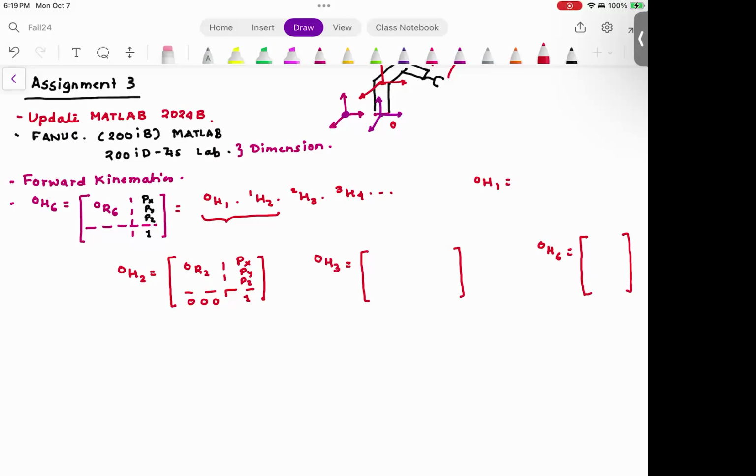The base is there, but the end effector is aligned differently. So the pad is giving the X and Z axes in the opposite way. Yeah, you can go forward. You can do forward kinematics step by step, and you will get the correct answer.